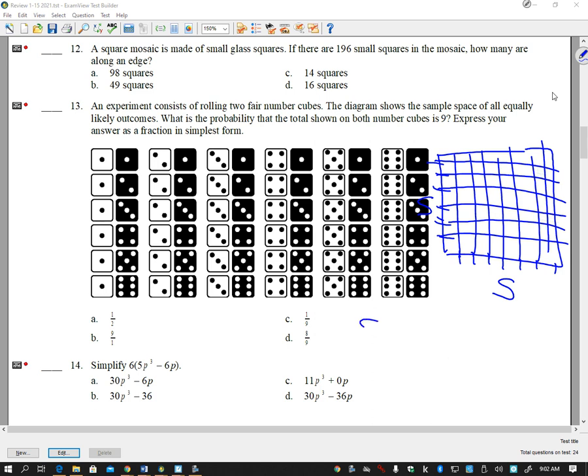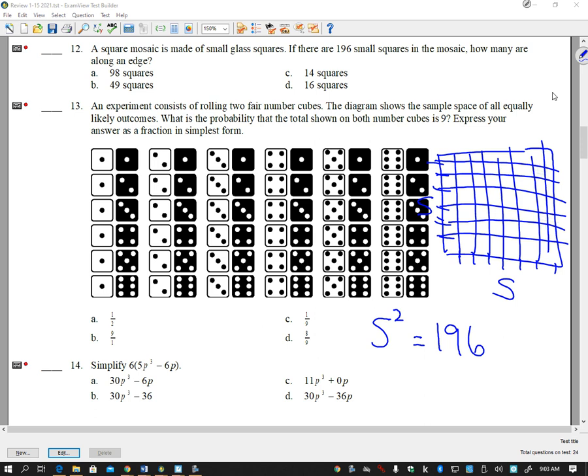So what we're saying is that side times side equals 196, right? Could we simplify side s times s? What would that be? S squared. Okay, so we can rewrite that as s squared equals 196, right?